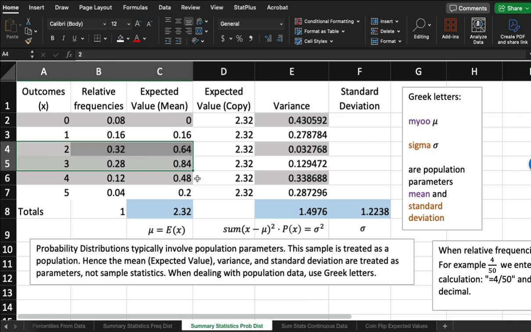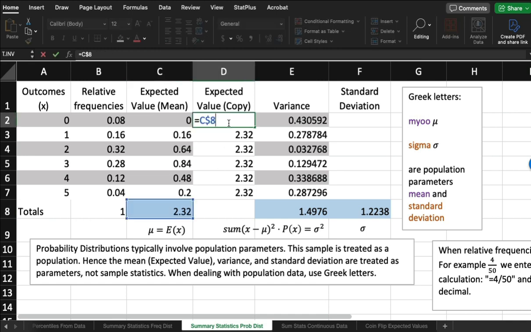So yeah, that's your mean right there. And then we're just going to copy that into column D. So just copy that over to make our calculations easier for column E. Expected value then is equal to $8, and that's going in D2.